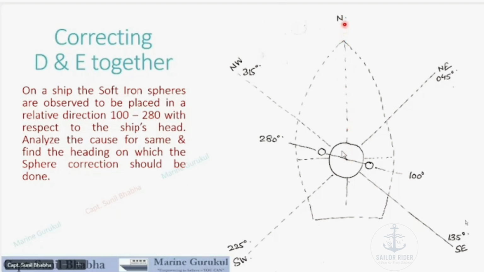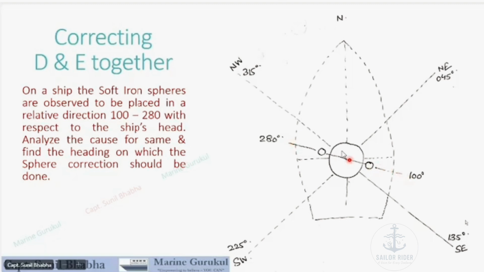So this is the north direction as well as the ship's head, and the spheres are lying in a direction 100. So from the ship's head going clockwise up to an angle of 100, this is where one of the spheres lies. And going further, 180, then 270 and 280. This is the direction in which the second sphere lies.